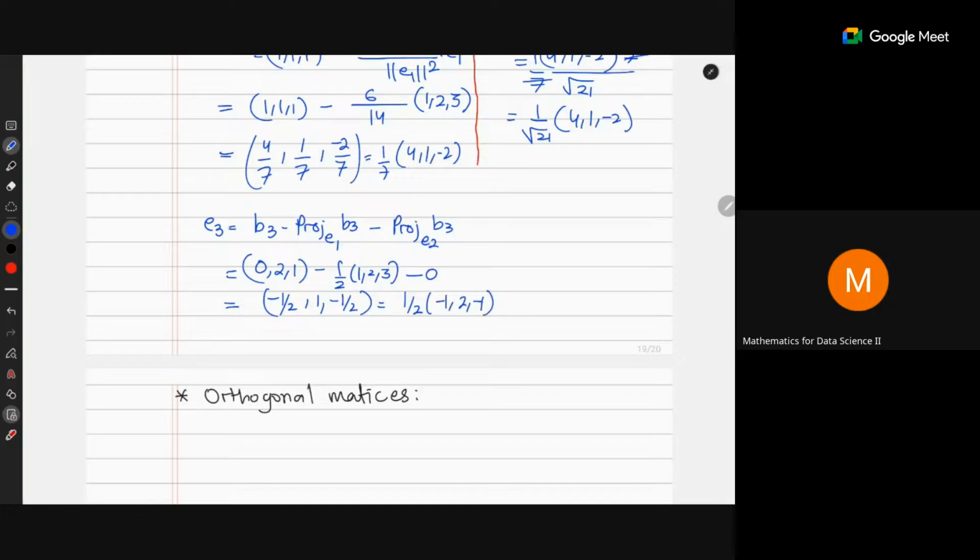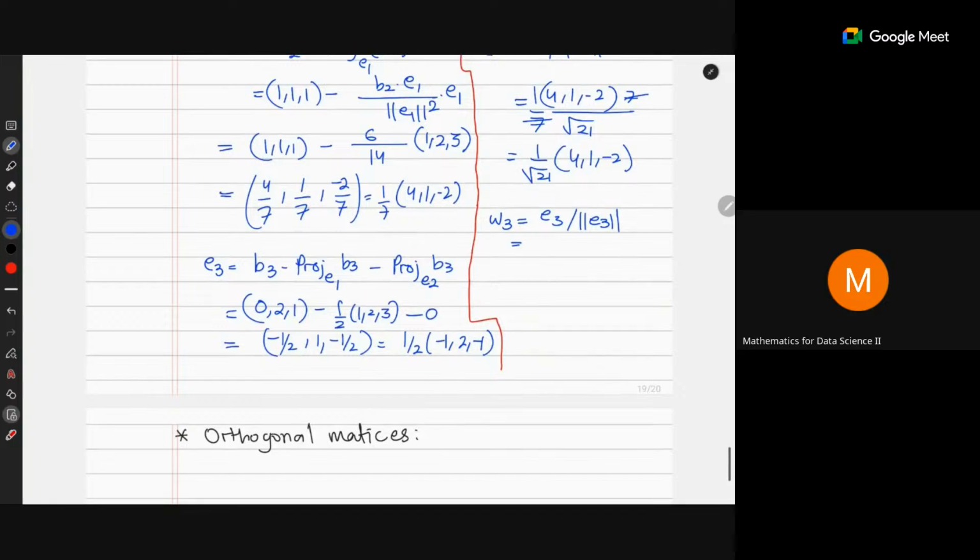All right. Now, if you calculate W3, it is E3 divided by norm of E3. So what is E3? E3 is minus 1, 2, minus 1, divided by the norm of this. It is going to be 1 plus 4 plus 1, so it is root 6.